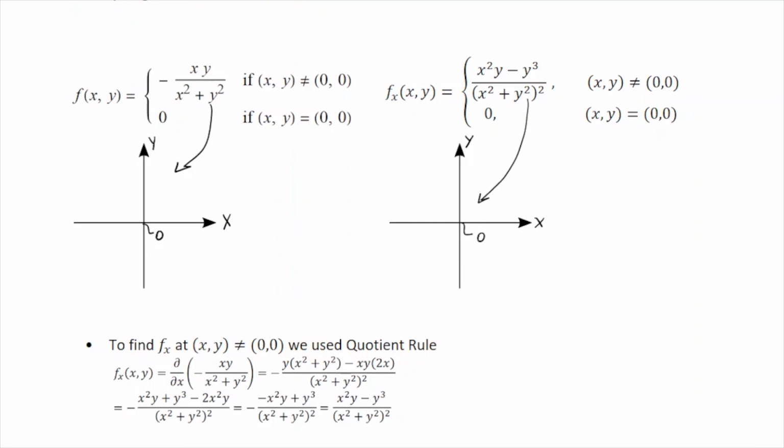The reason why we were allowed to use the quotient rule is because this fx at points that are not 0, 0 are slopes of this function, rates of change of this function with respect to x along horizontal lines like this. So those are lines that don't touch this point 0, 0.